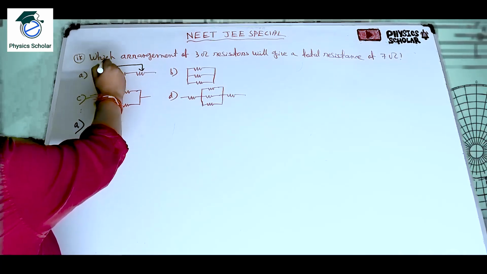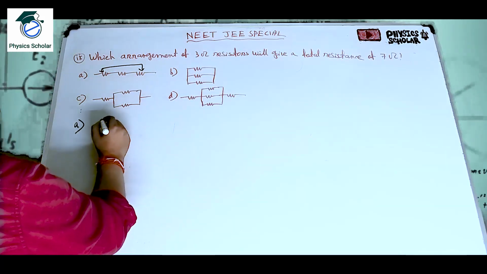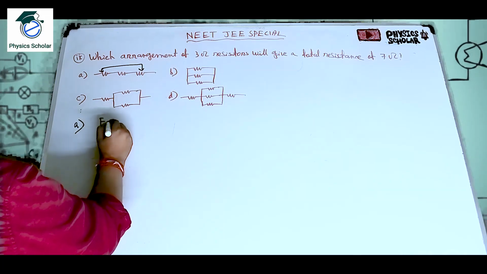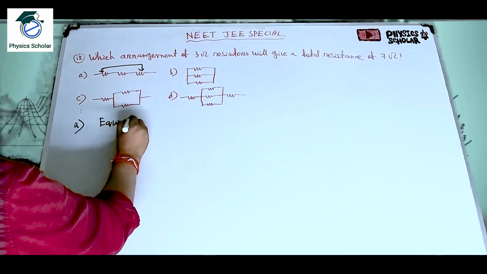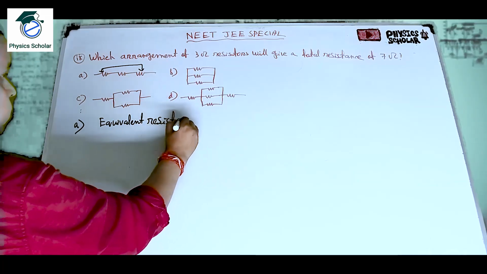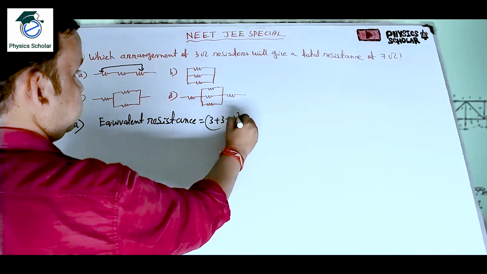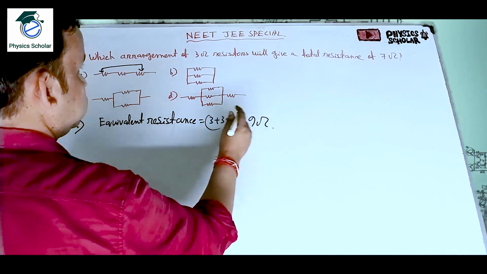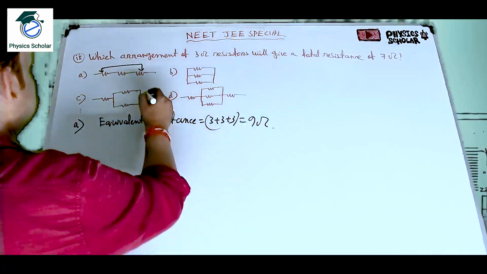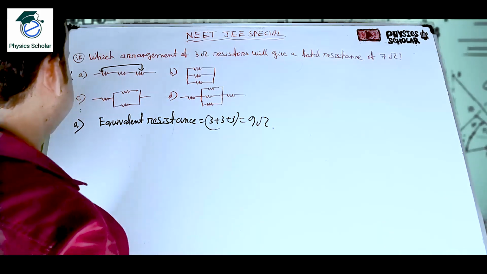Each value is 3 ohms. So the equivalent resistance is equal to 3 plus 3 plus 3, which is equal to 9 ohms. It is 7 given, so this option A is not correct, clear?